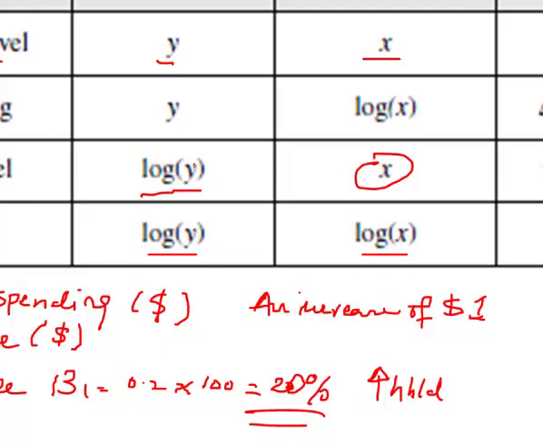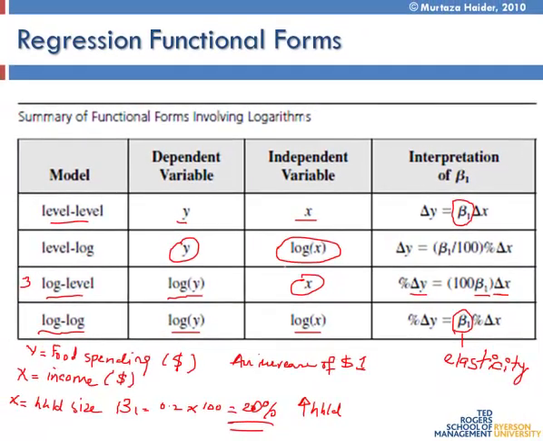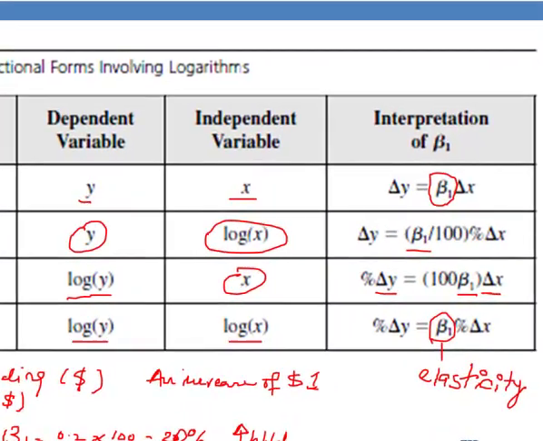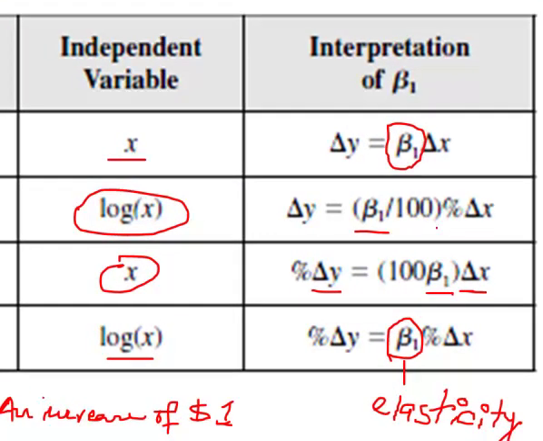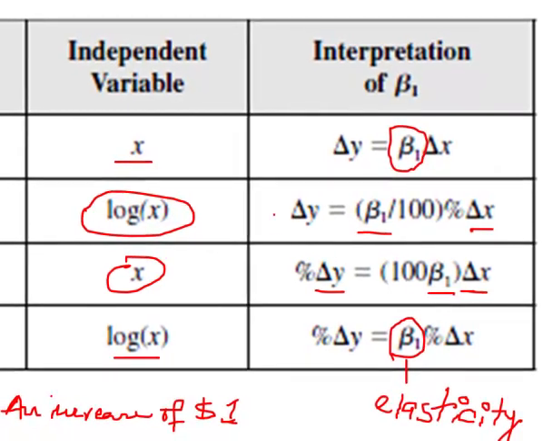Sometimes the case may be that the dependent variable, which is y, is not log transformed, but the explanatory variable is, right? And in that case, you divide the coefficient by 100, and then it gives you the impact of a unit change in the explanatory variable in terms of percentage on the dependent variable.